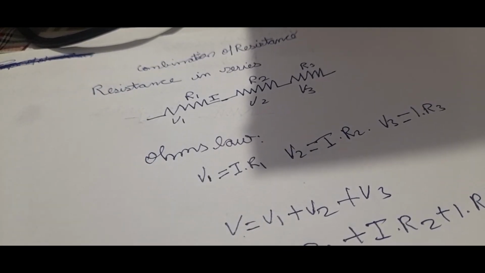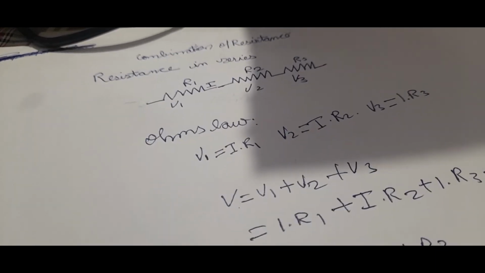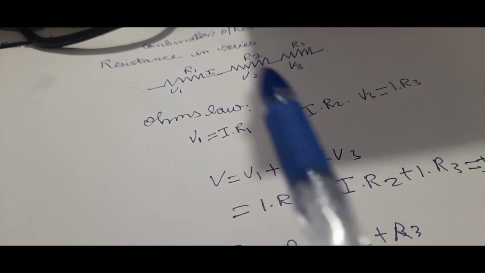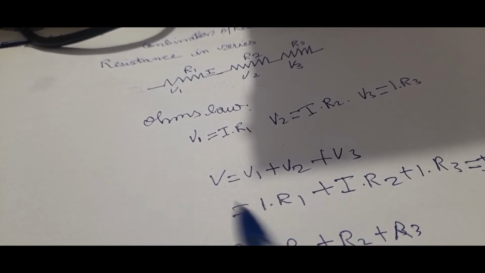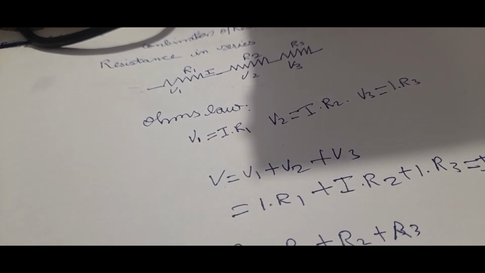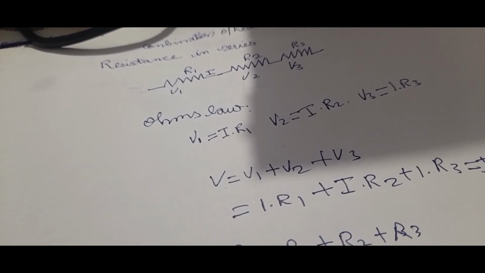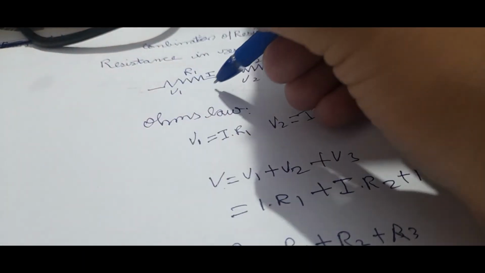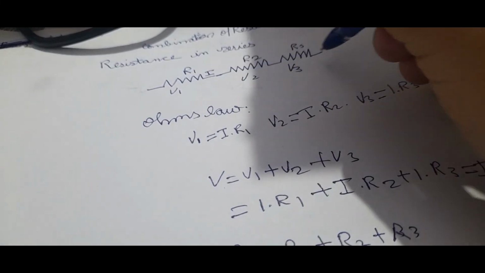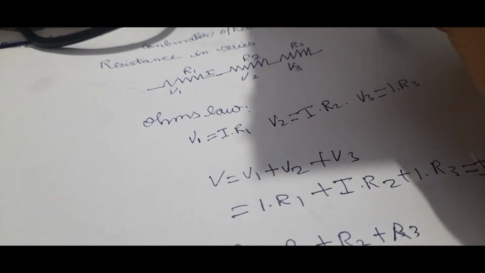Now for finding the resistance of this whole circuit, we are going to apply Ohm's law, V equals IR. Here V1 is the voltage across the first resistor, V2 across the second resistor, and V3 across the third resistor.